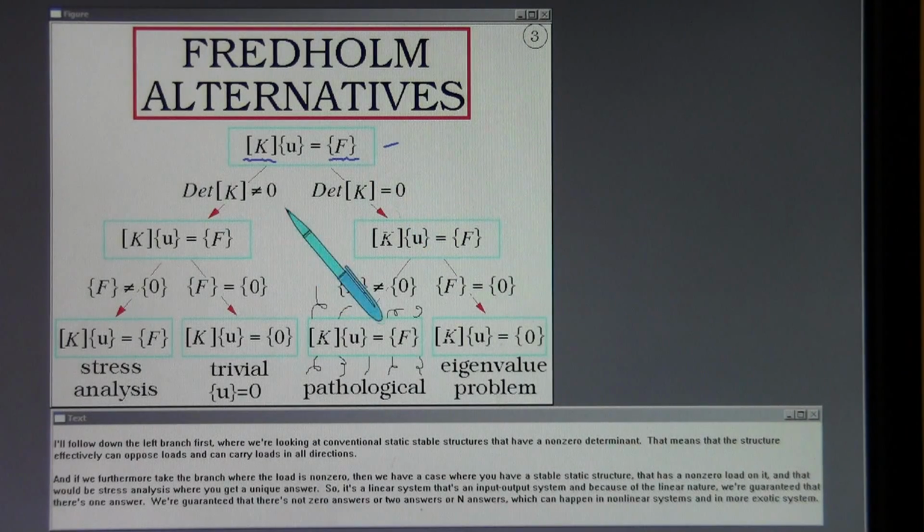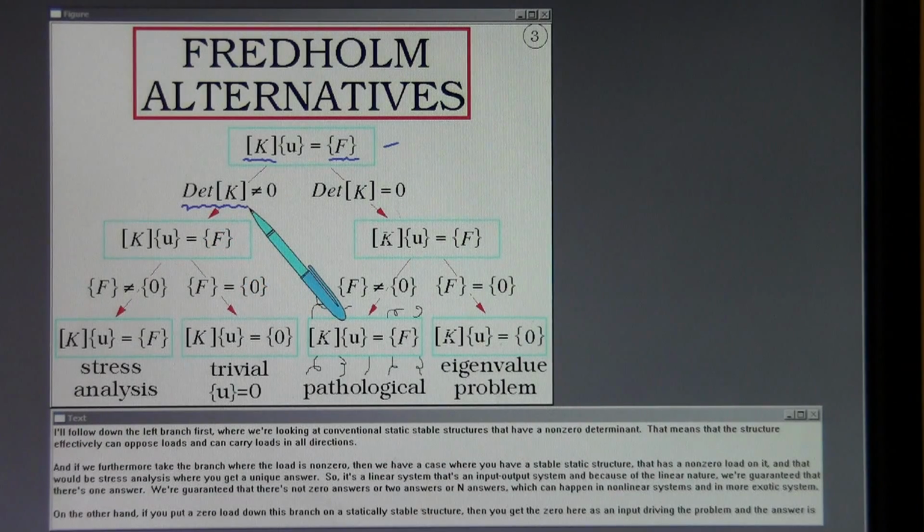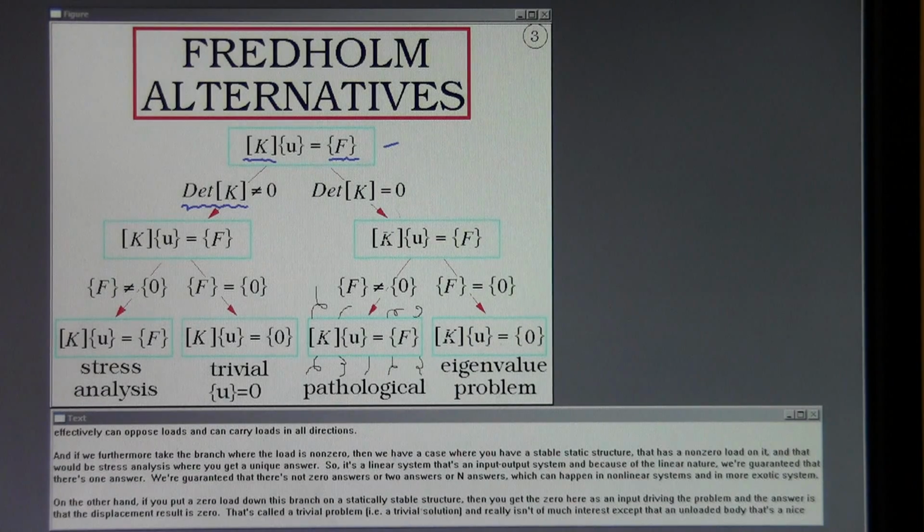I'll follow down the left branch first, where we're looking at conventional static stable structures that have a non-zero determinant. That means that the structure effectively can oppose loads and can carry loads in all directions.